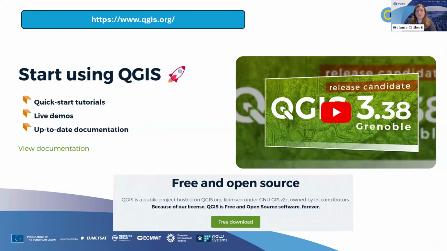Of course, it is also needed to mention that we are using QGIS, an open source and free software developed by a wide community. In this specific training session, I've used the latest version of QGIS, the 3.38.